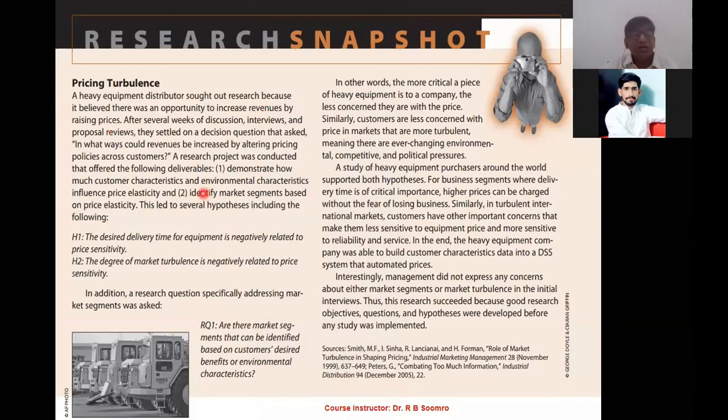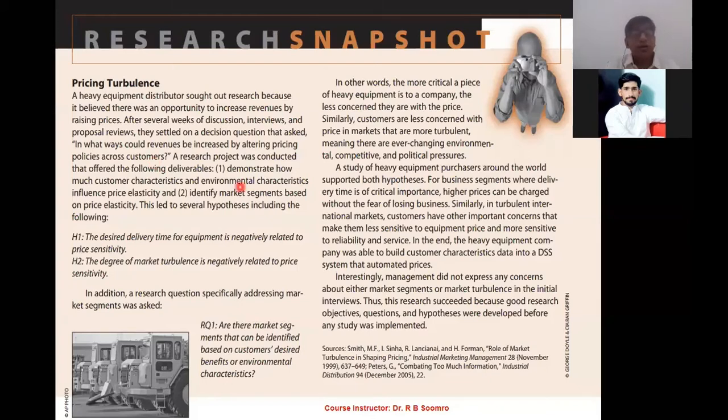After several weeks of discussion, interviews, and proposal reviews, they settled on the decision question: in what ways could revenue be increased by altering price policies across the customers? That means what are the different methods or techniques through which you can change the price. Altering means changing the price across all the customers.